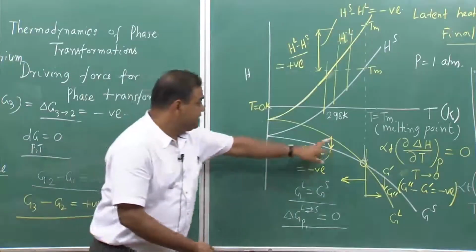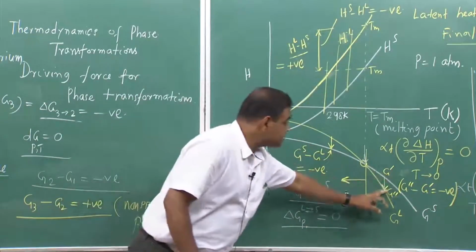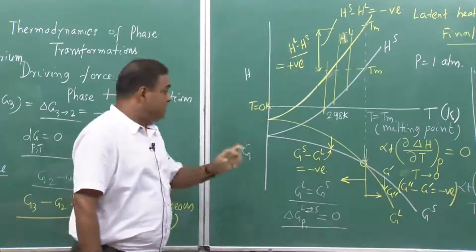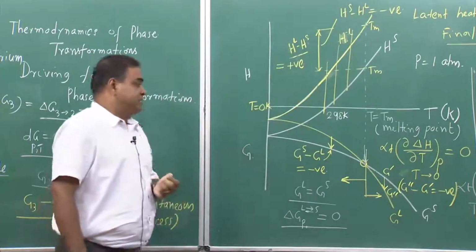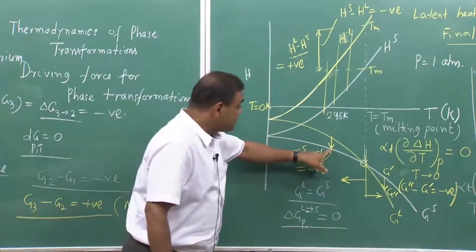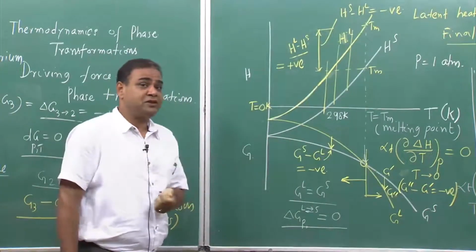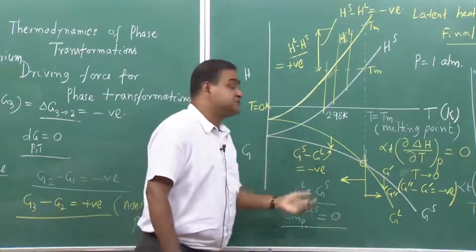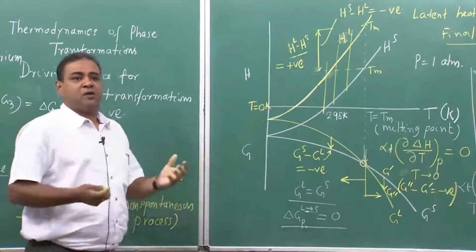That means this transformation is possible wherever there is a decrease in free energy. But from liquid to solid, at temperature less than Tm, is not a spontaneous process, because at that time the free energy change is a positive quantity. So, on its own it cannot transform.